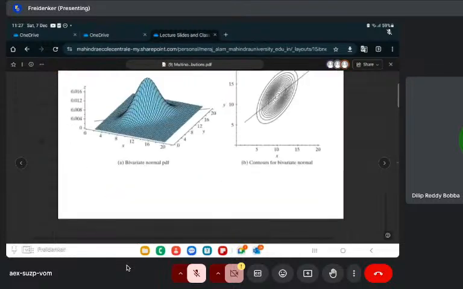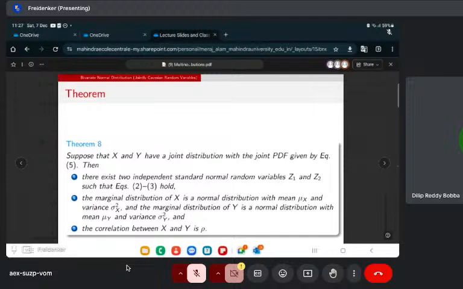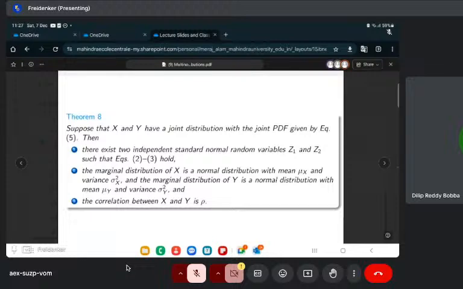then basically x and y belong to this BVN. Then there exist two independent standard normal random variables z1 and z2. Now we remember what x and y are.